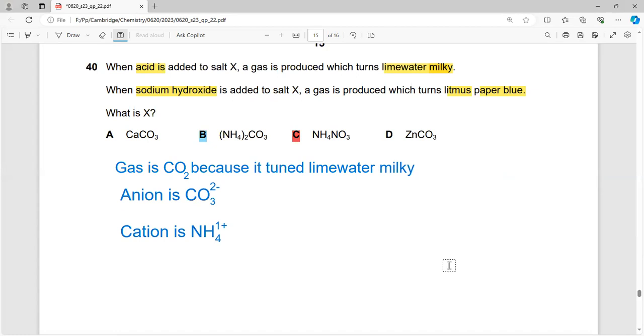The remaining option D has no ammonia, and option A has no ammonia either. So the anion is supposed to be the carbonate ion, which produces carbon dioxide to turn the lime water milky, and the cation is supposed to be the ammonium ion, which turns the red litmus paper blue. So the correct option is B here.